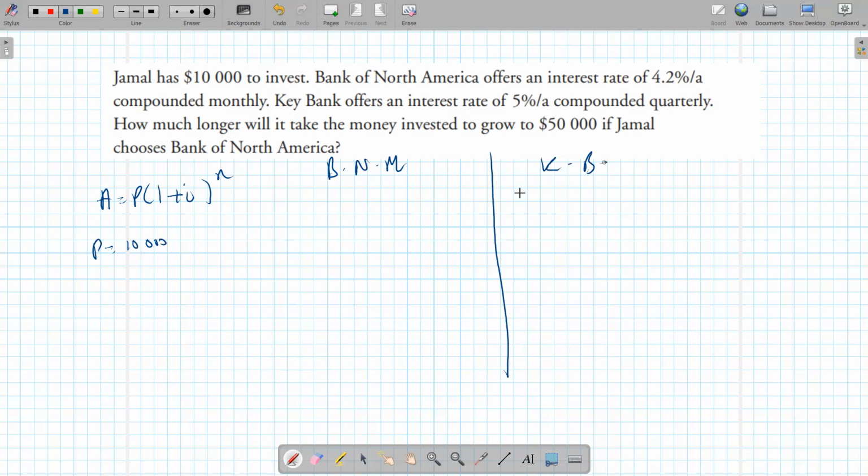For B&M, i is 0.042 compounded monthly, which means you divide that by 12. 0.042 divided by 12 gives 0.0035. For Key Bank, it's going to be 0.05 divided by 4 because it's quarterly. That's going to be 0.0125.